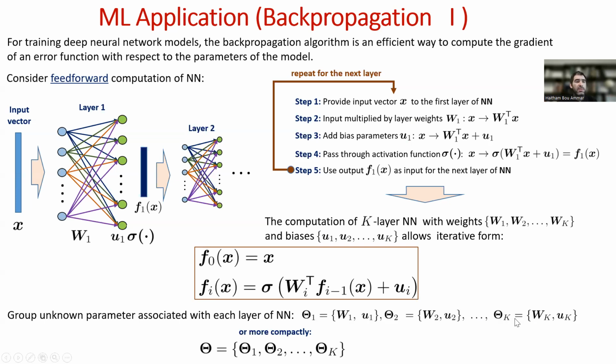And finally, theta k is a vectorized version of matrix WK and bias vector UK. And then we combine all these theta1, theta2, and theta k in one huge vector, which is basically called the parameters of the model. This theta is something that we will need to tune during the training of the neural network.